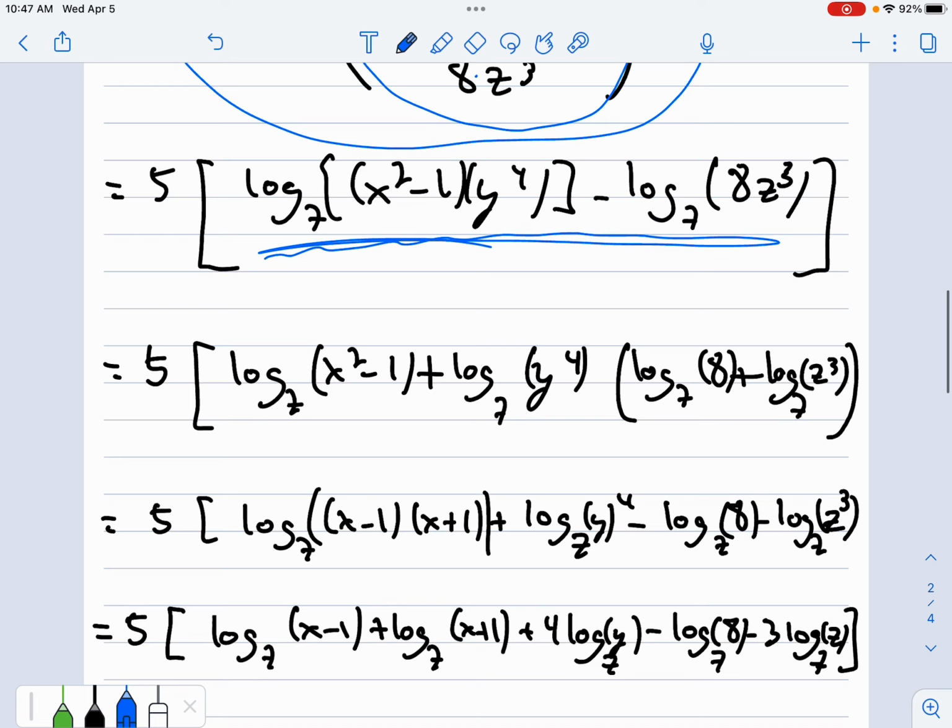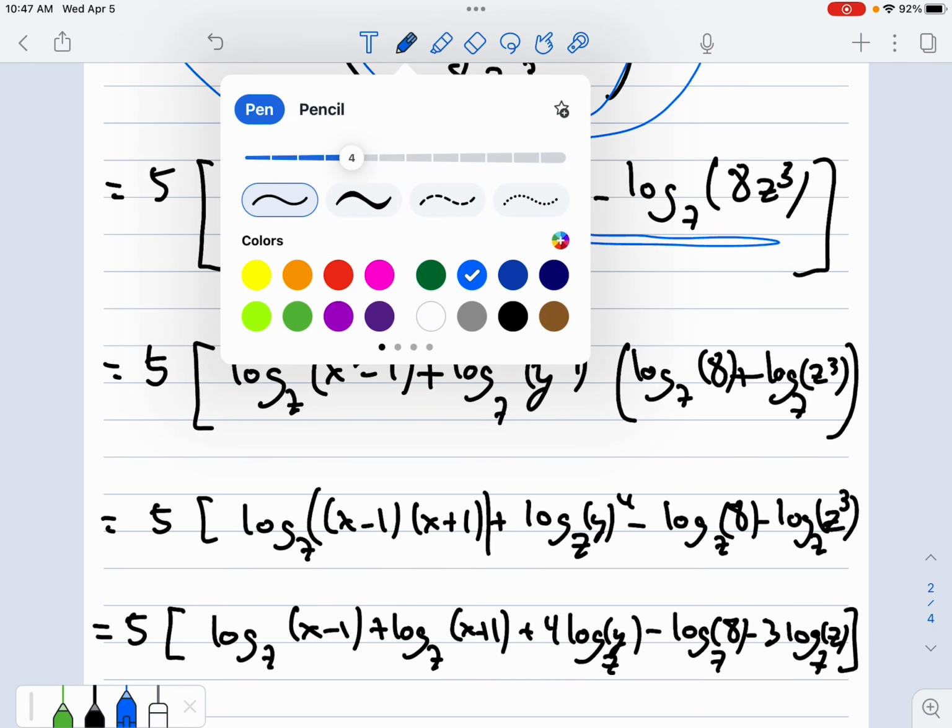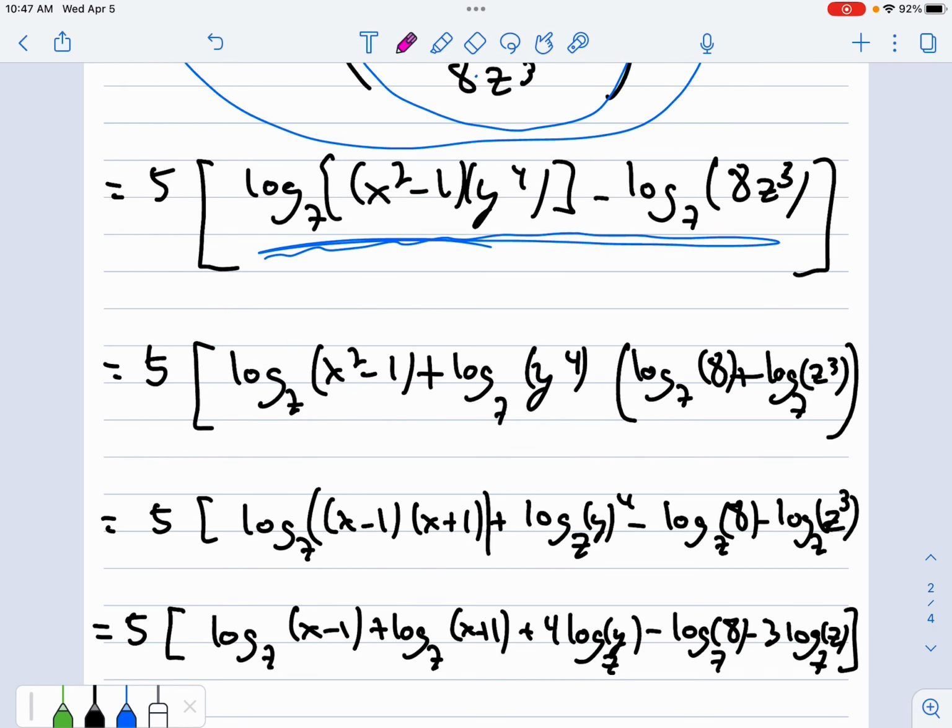So what can I do next? If you look at the x squared minus 1 and the y to the fourth, there's a product, and therefore I can use the product rule there. This now becomes log base 7 of x squared minus 1 plus log base 7 of y to the fourth. Likewise, log base 7 of 8z cubed breaks down as log base 7 of 8 plus log base 7 of z cubed.